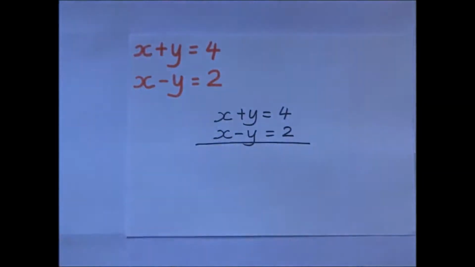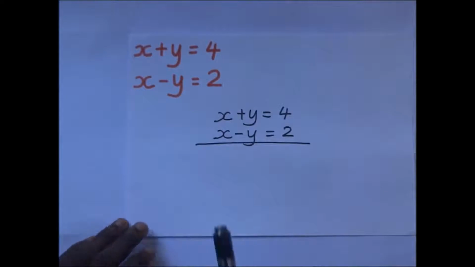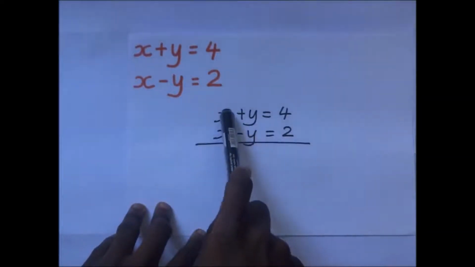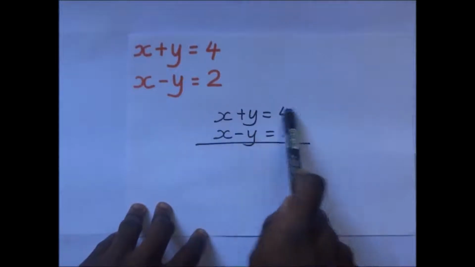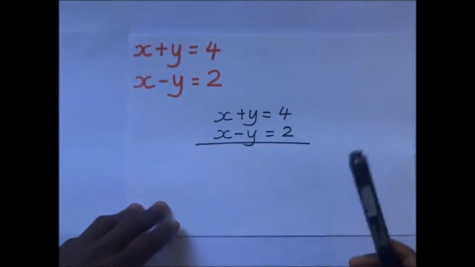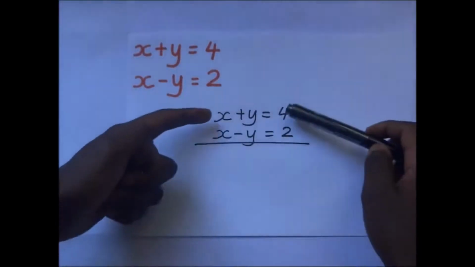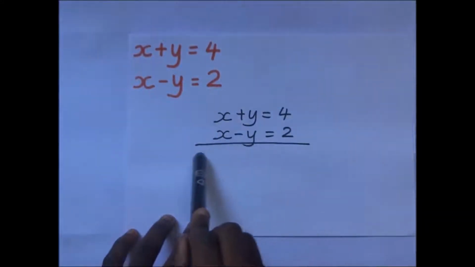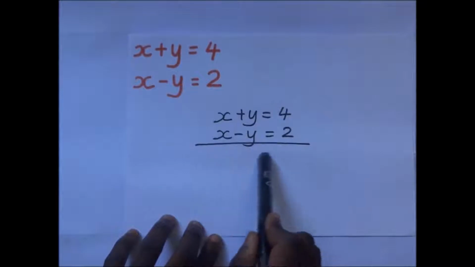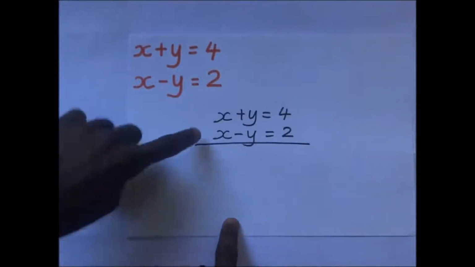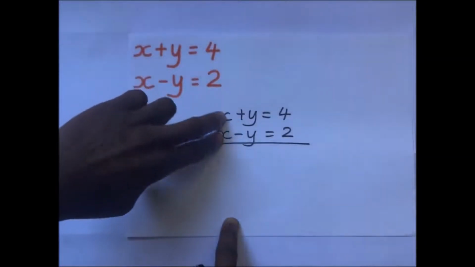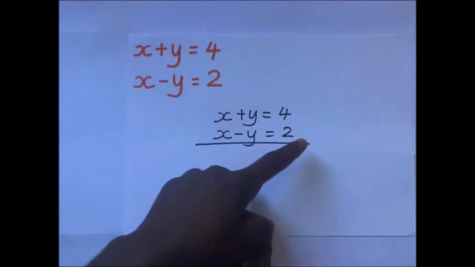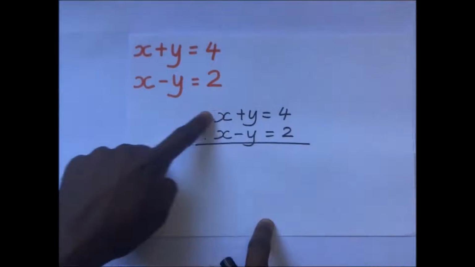Those are two equations. Now eliminating means that we are going to subtract this equation from that equation. We are supposed to do it in such a way that when we set this minus that, the variable we are seeking to eliminate should not be existent in our answer. So if we have x and this x is what we want to eliminate, we shall subtract the second equation from the first equation.